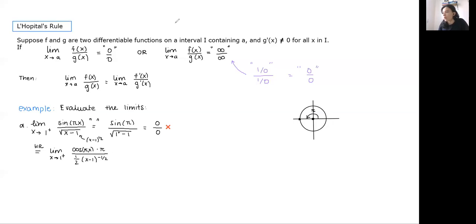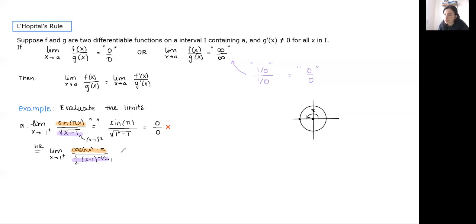Right? And so what I'm doing here is really just identifying what the numerator is and then differentiating that numerator, and then identifying what the denominator is and then just differentiating that denominator. Keep in mind here, you also are applying a chain rule. It's just that the derivative of the inside is just 1.